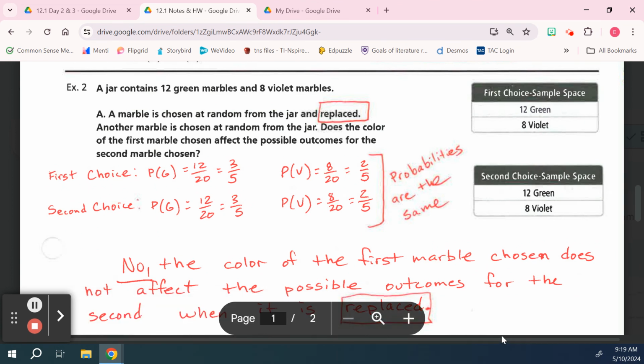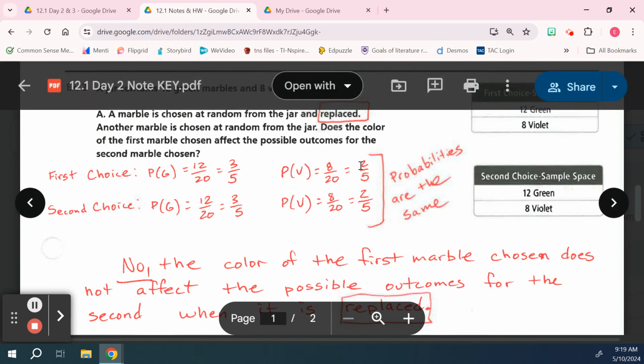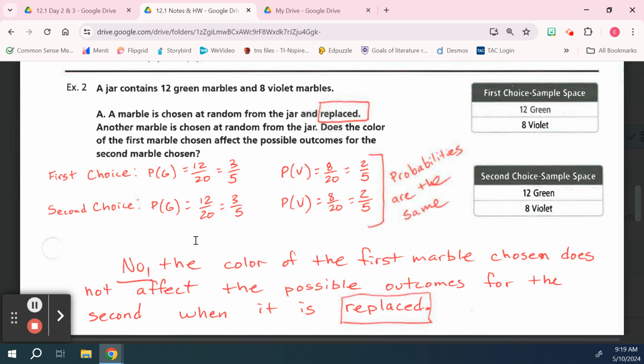So it says the first choice you would have is the probability of selecting a green would be 12 over 20, which is 3/5, and the probability of selecting a violet would be 8 over 20, which is 2/5. The second choice is going to be exactly the same. So since those probabilities are the same, no, the color of the first marble chosen does not affect the possible outcomes for the second when it is replaced.